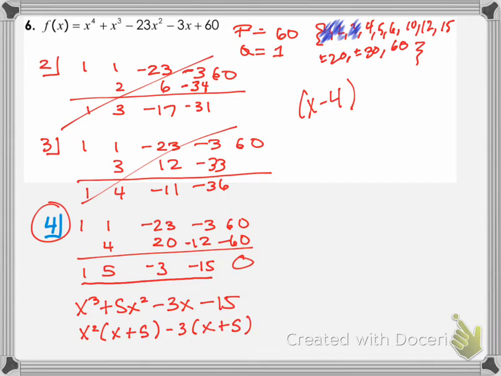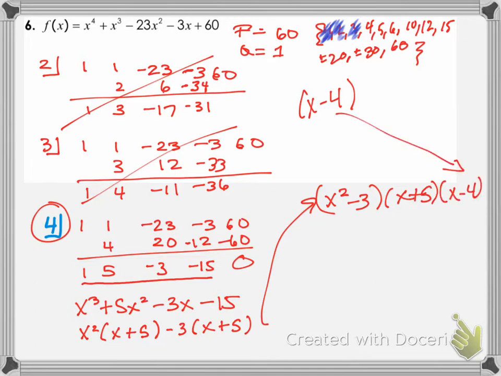So this factors to x squared minus 3 times x plus 5. And then I had x minus 4 from over there, from the first term finding. So I have to set those equal to 0. So x squared minus 3 equals 0 gives me x squared equals 3.